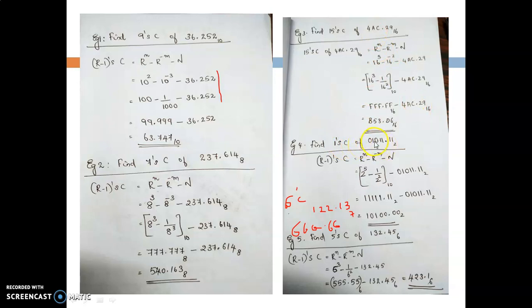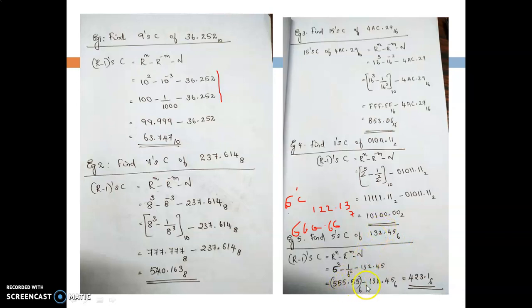Similarly, for the 1's complement, the highest digit possible is 1. So it is 11111.11 minus this number. But we know that for the 1's complement, a shortcut method is zeros to 1s and 1s to zeros. Similarly, the 5's complement of 132.45 to the base 6: the highest number possible in base 6 will be 5. So it is 555.55 minus this number, because 3 digits are there.